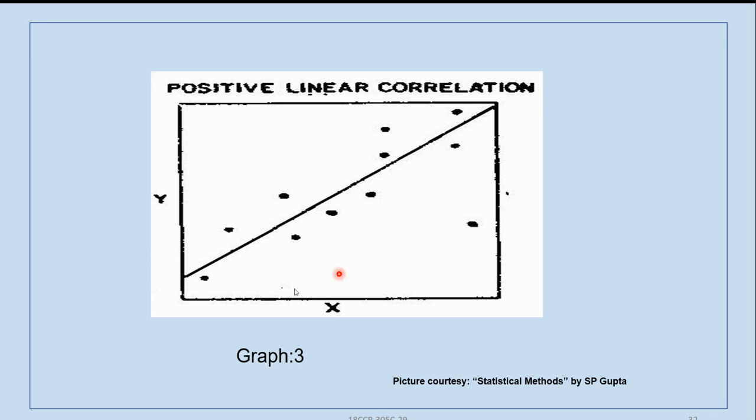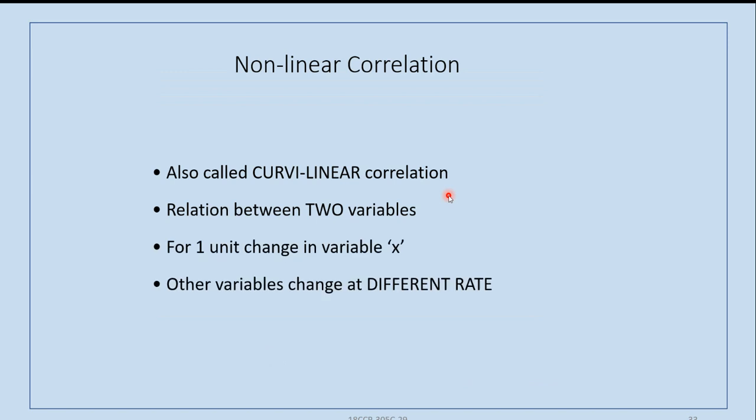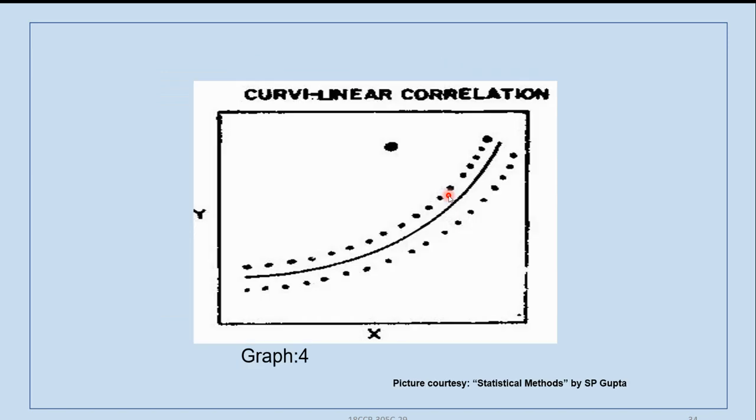Curve means it will come like this. That is called non-linear relationship or non-linear correlation. I will show you in the next slide. This is a graph for non-linear or curvilinear correlation.